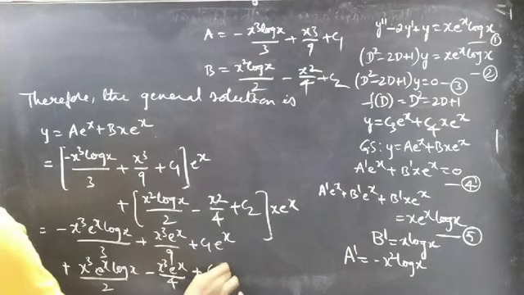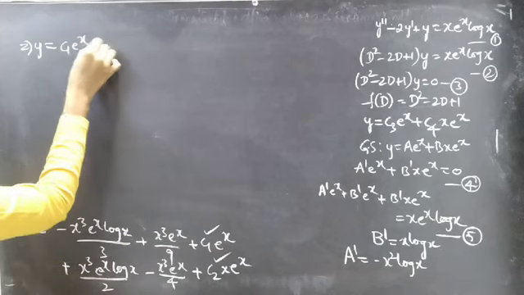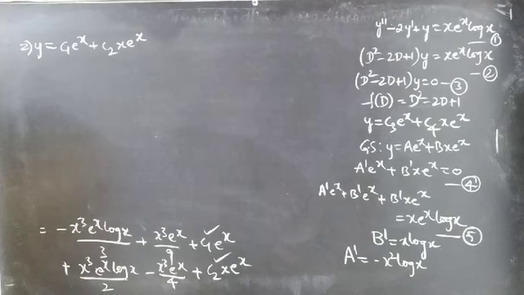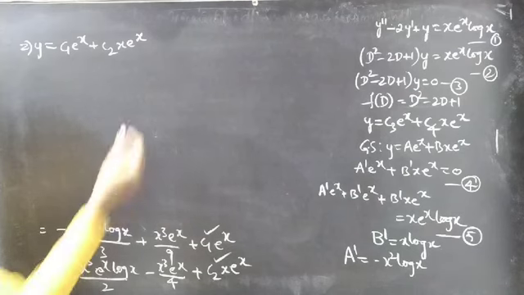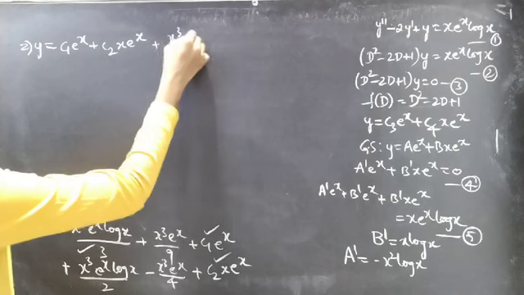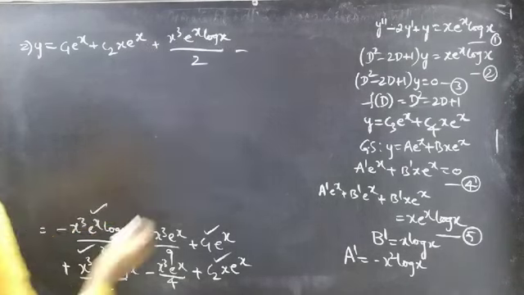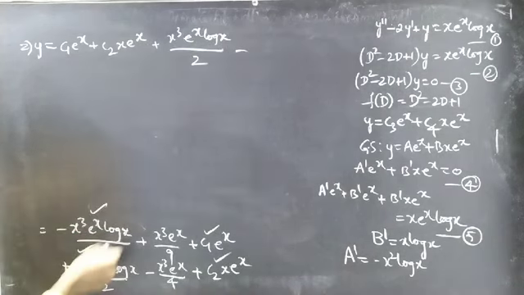This gives us y equal to, write the terms involving c1 and c2 first. We'll get c1 e power x plus c2 x e power x. Now write the terms involving x cube e power x log x. We'll get plus x cube e power x log x by 2 minus x cube e power x log x by 3.